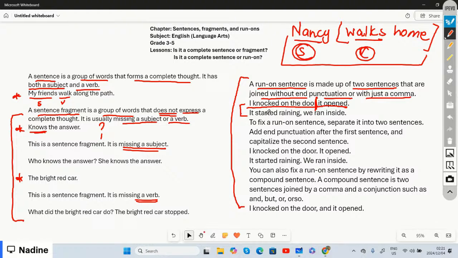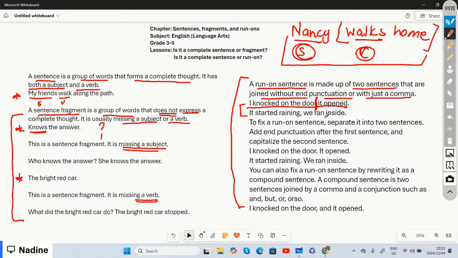And if we look at the next one, it says, it started raining, comma, we ran inside. This is also two sentences that should be on their own, but instead they put a comma. So now it basically continues, it's like it's adding on.